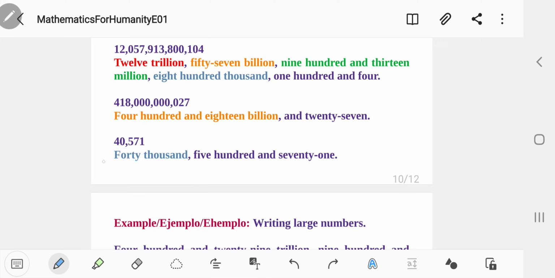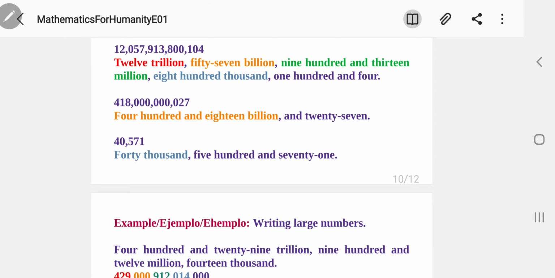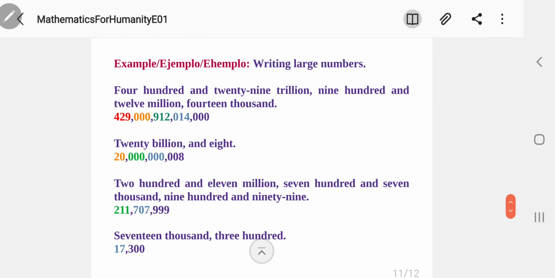So this is 40,571. So I hope that you know how to read large numbers now. And then we're now going to write large numbers.